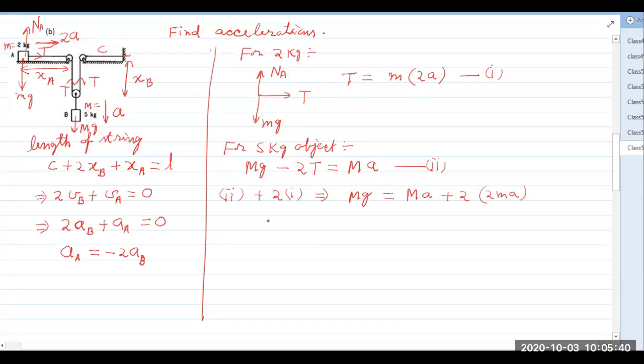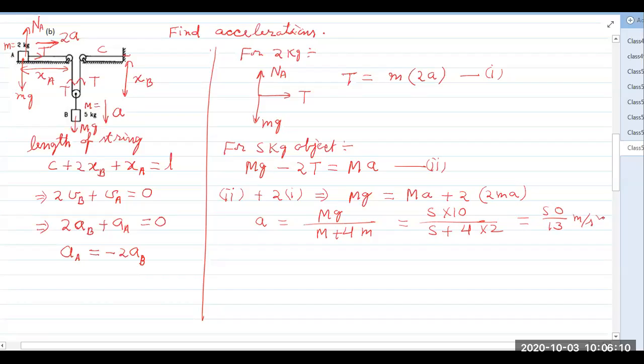Okay, so A is going to be capital Mg divided by capital M plus 4 small m. So capital M is 5, g is 10, and 4 into small m is 8. Okay, so we are getting 50 by 13 meter per second square.